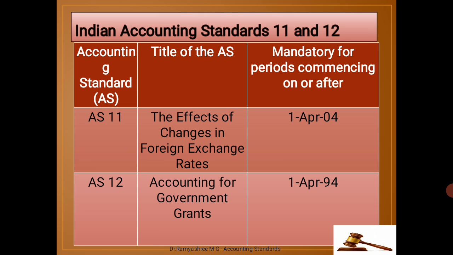This standard deals with accounting for government grants including subsidies, incentives, etc. The government includes government agencies and local bodies, and government grants are the assistance by government in cash or in kind to an enterprise for past or future compliance with certain conditions.